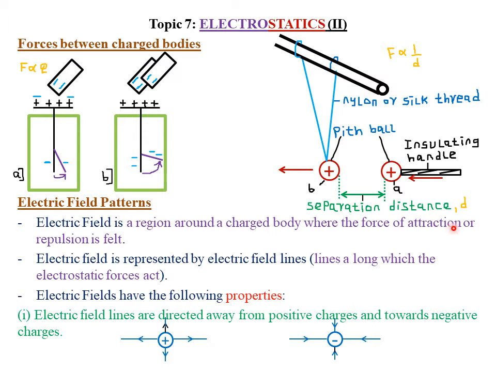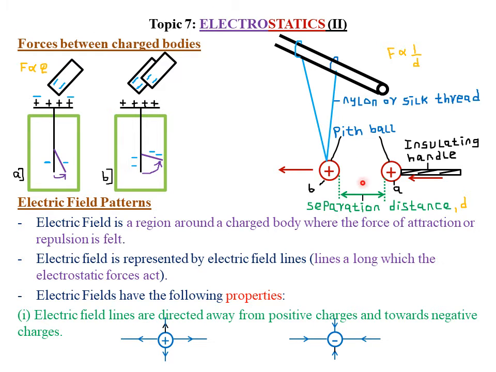That's why we say either attraction or repulsive force is felt. For example, for this charge here, if you bring another positively charged rod and place it somewhere far, it will not have any effect on this body. However, if you bring a positively or negatively charged body closer to this charge, you are going to experience the forces of attraction or repulsion.